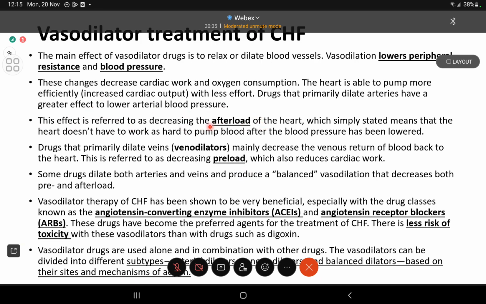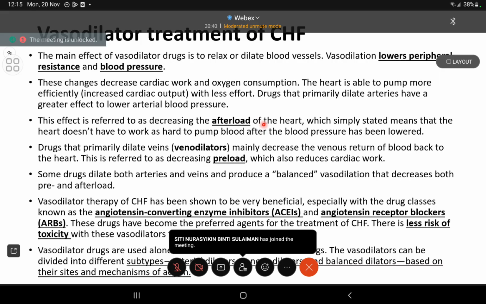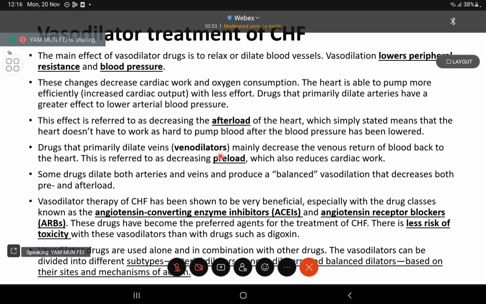Afterload, normally when you say afterload, it refers to the load after the heart, meaning it is found in the blood vessel, the artery. So that's why we call it afterload. Preload, sometimes we call it venous, found in the vein.